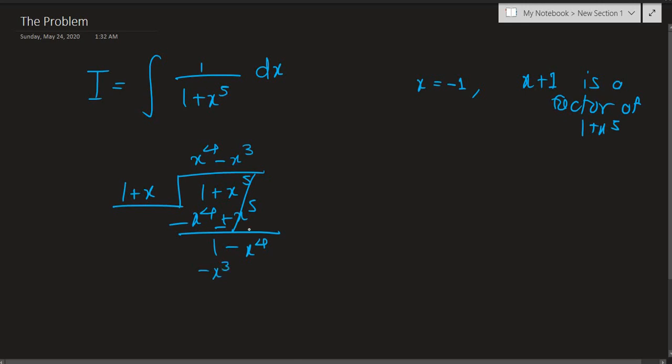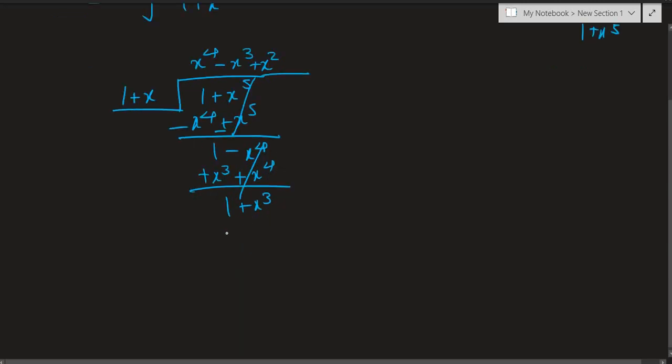we get negative x cubed, and negative x to the fourth, and then when we subtract, this becomes a plus, so this cancels out. We have 1 plus x to the third power, so we take plus x squared, and we end up with x squared plus x to the third power.